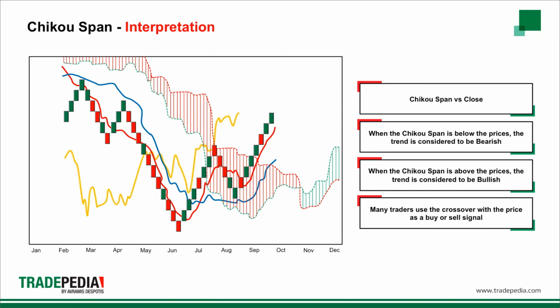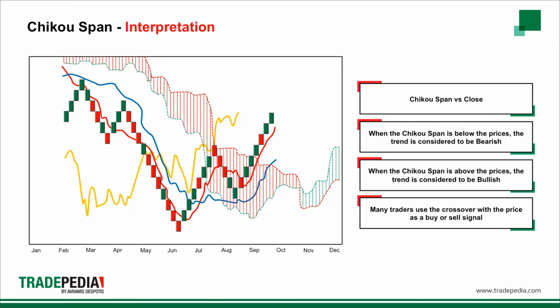How traders use this is that mostly they use the crossover with price as a buy or sell signal. In this example, the yellow line is represented by the Chico span.